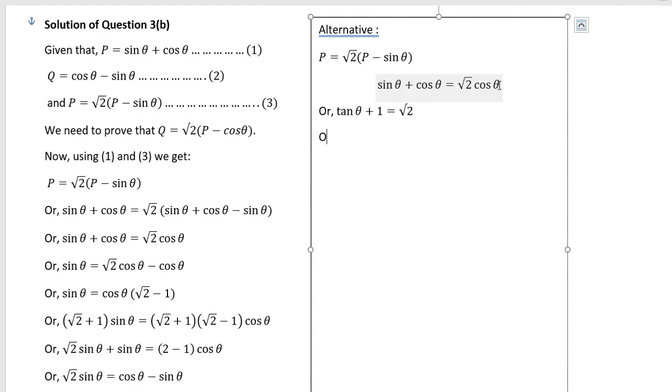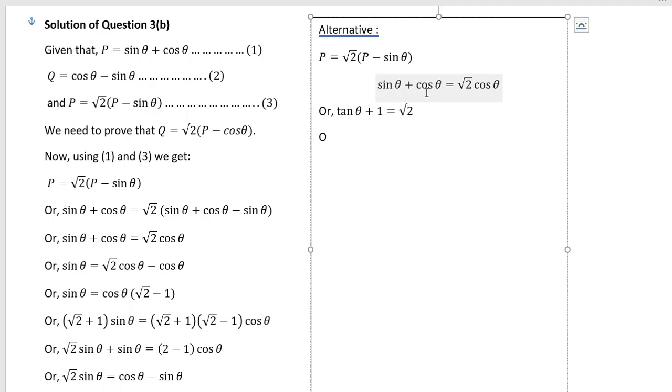If cos theta would be 0, then sin theta would also be 0. Sorry, if cos theta is 0, then you can see that sin theta immediately becomes 0. So everything is possible if cos theta is 0.